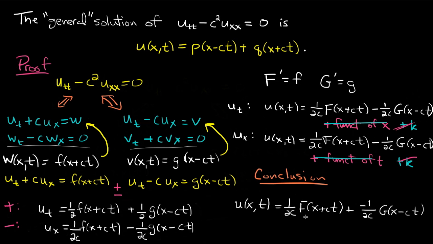Now, capital F and capital G came from arbitrary functions little f, little g. They were their antiderivatives. And that means that capital F and capital G are perfectly arbitrary.